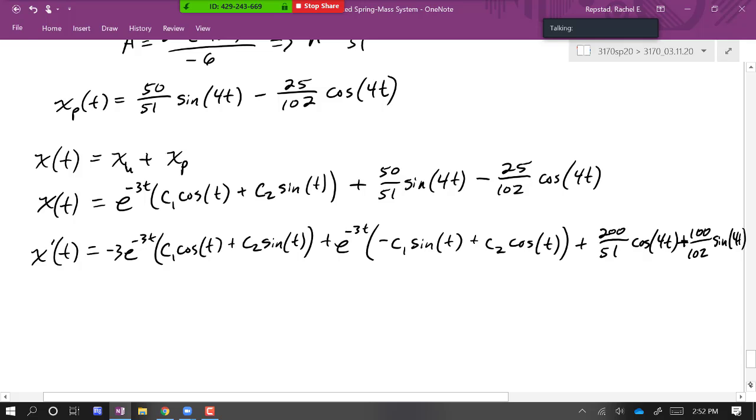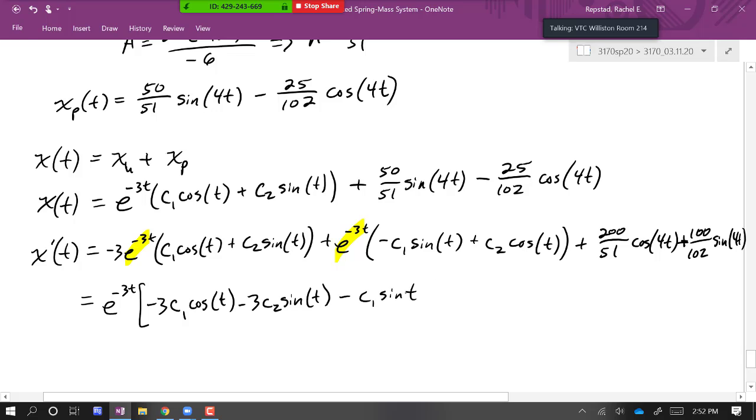Okay. Let's see. Does that look good so far? You guys have been pretty good at sussing out errors before I get too far with them. So, okay. Let's factor out the e to the negative 3t. So then we have minus 3 c1 cosine t minus 3 c2 sine t minus c1 sine t plus c2 cosine t.